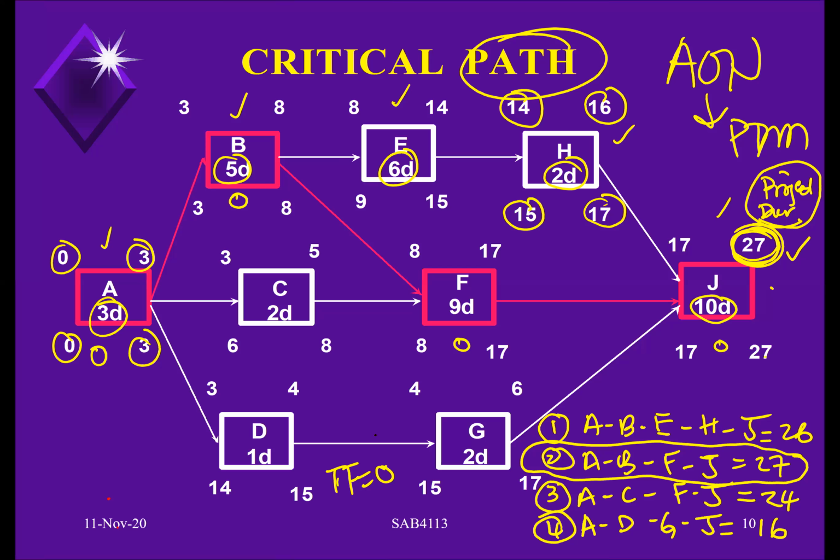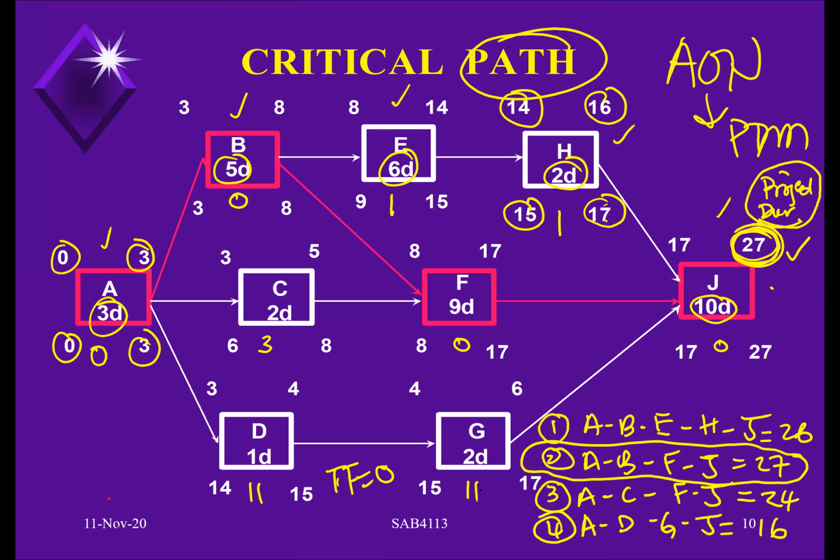Whereas activities which do have a total float value, for example H, 17 minus 16 equals 1, 15 minus 14 equals 1. What else? C, 8 minus 5 equals 3. And then 14 minus 3 equals 11. This one equals 11.